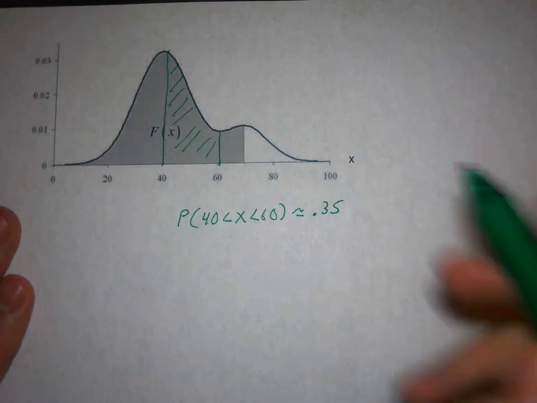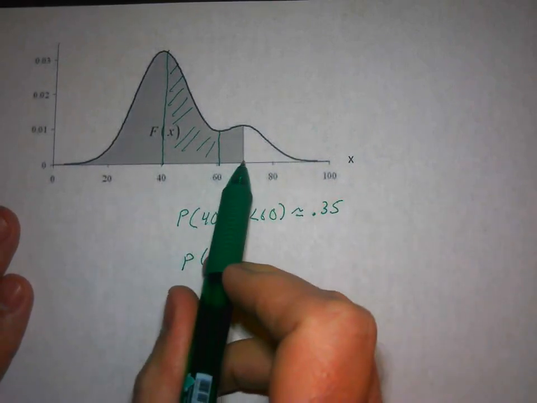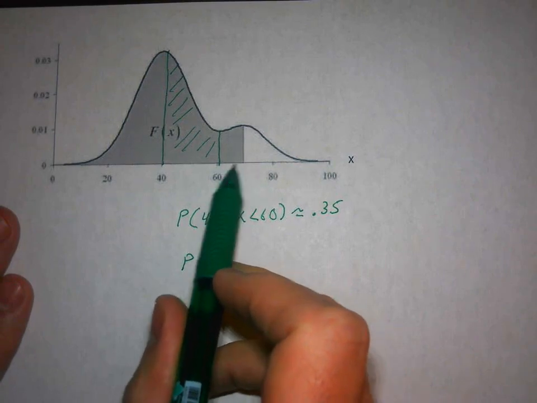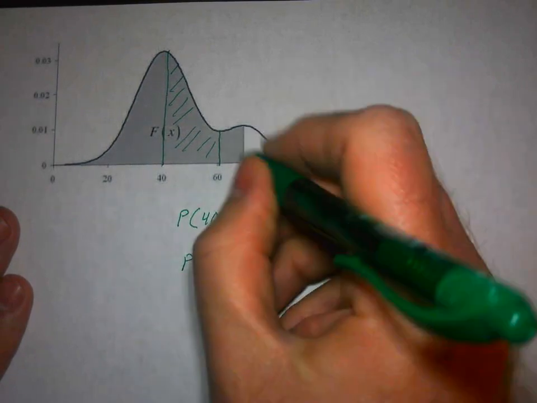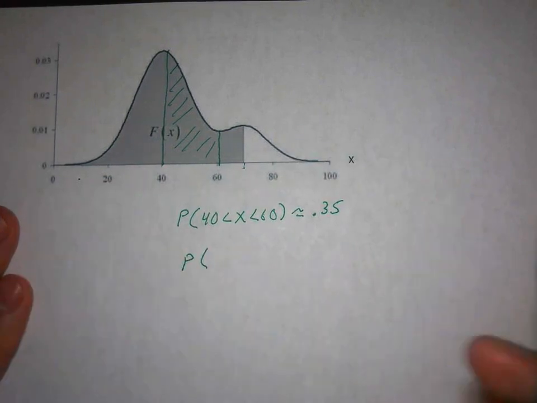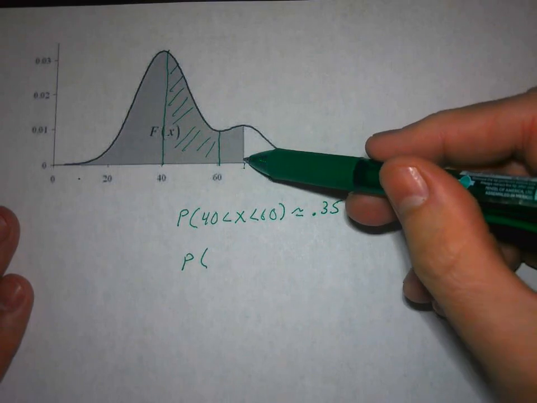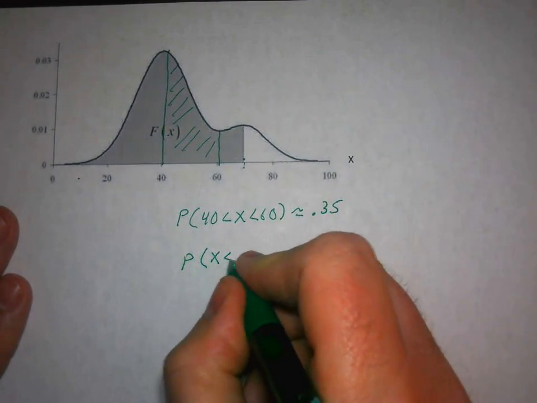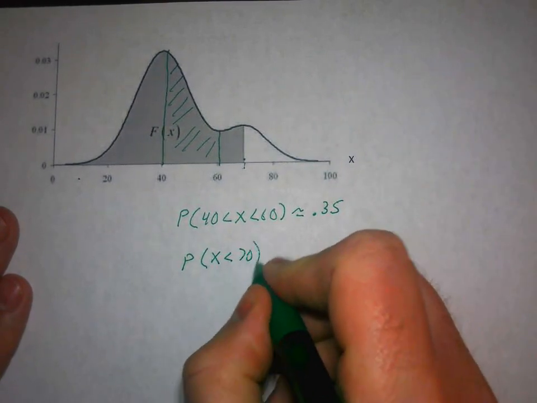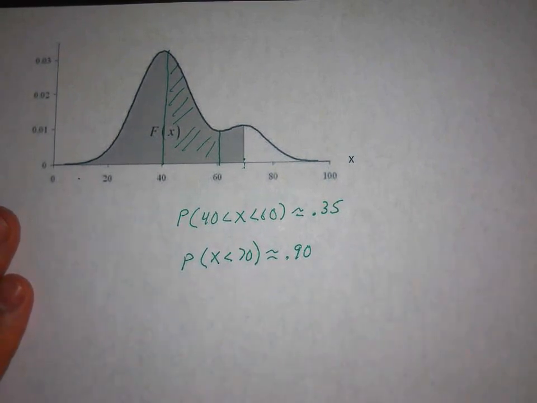If you wanted to find the probability that a commute time is less than 70 minutes, it looks like it's about halfway here between 60 and 80. From here all the way to the left, I would estimate maybe about 90% of that curve is shaded in. So the probability that x is less than 70 minutes is approximately 90%, or 0.9.